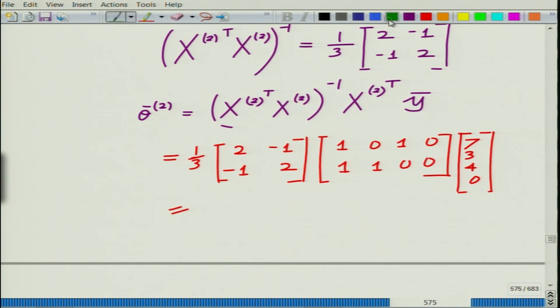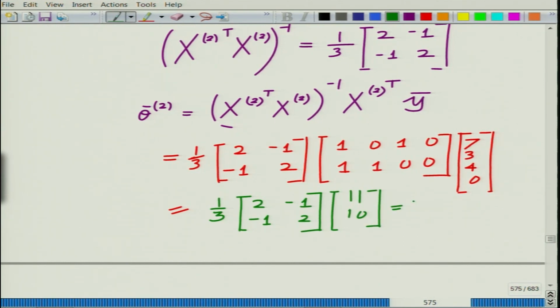So you can evaluate this as 1 over 3 times 2 minus 1 minus 1 2 times 7 3 4 0, that is 7 plus 4, 11, and 1 1 0 0, that is 7 plus 3, 10.